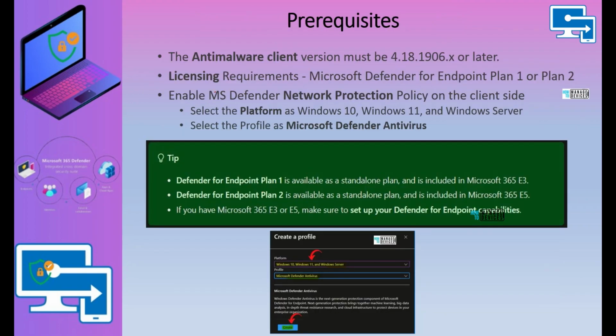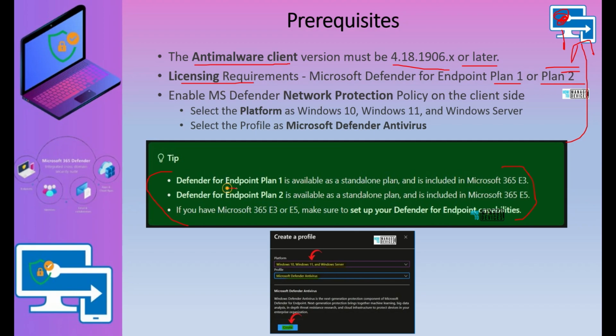Let's check what the prerequisites are for this. The anti-malware client version must be 4.18.1906 or later. That is the first prerequisite. And there are licensing requirements, as we discussed in our last videos about Microsoft Defender for Endpoint. You can check all those videos over here if you click on the I button in YouTube. It is important to understand the licensing terms over here.